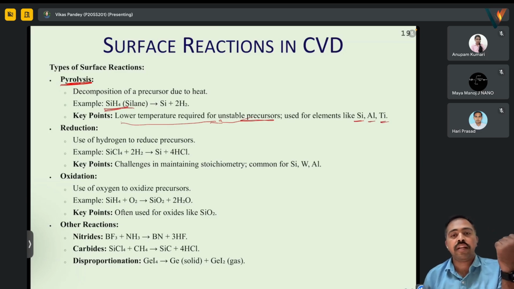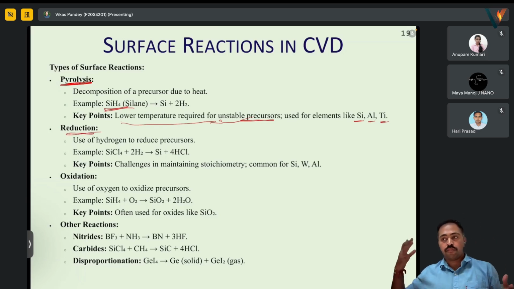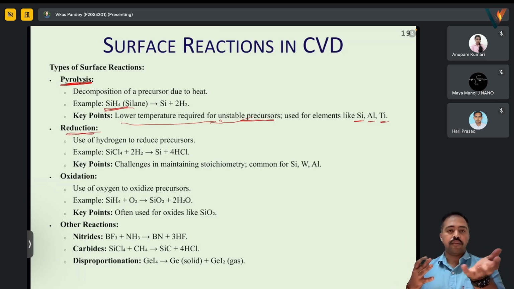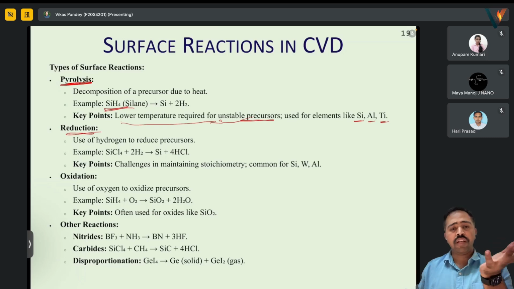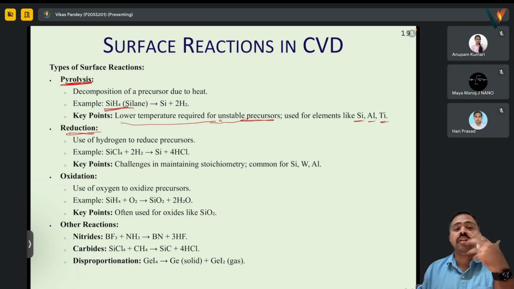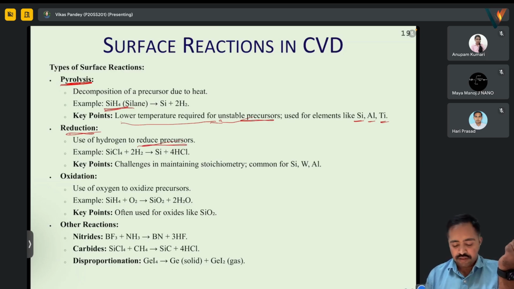Second type of reaction that can take place in CVD is reduction, where along with whatever material precursor we are given, one another thing has to be added, that is hydrogen. So hydrogen will reduce the precursor, like silicon chloride along with hydrogen will give silicon and HCl.